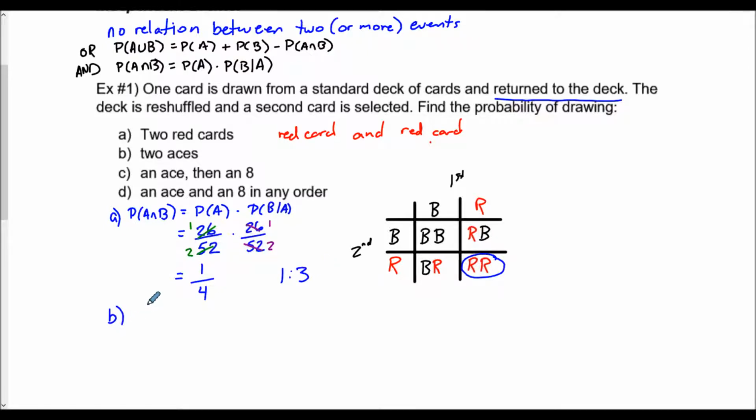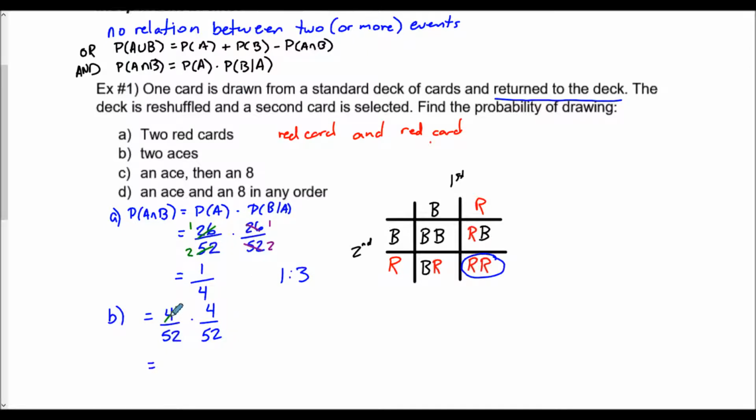B. What's the probability of drawing 2 aces? Now I'm going to skip writing down the formula because we can just refer back to it. What's the probability of the first card being an ace? Well, there's 4 aces in a 52 card deck. What's the chance that the second card is an ace? Well, there's still 4 aces if we return it to the deck, out of the total 52.